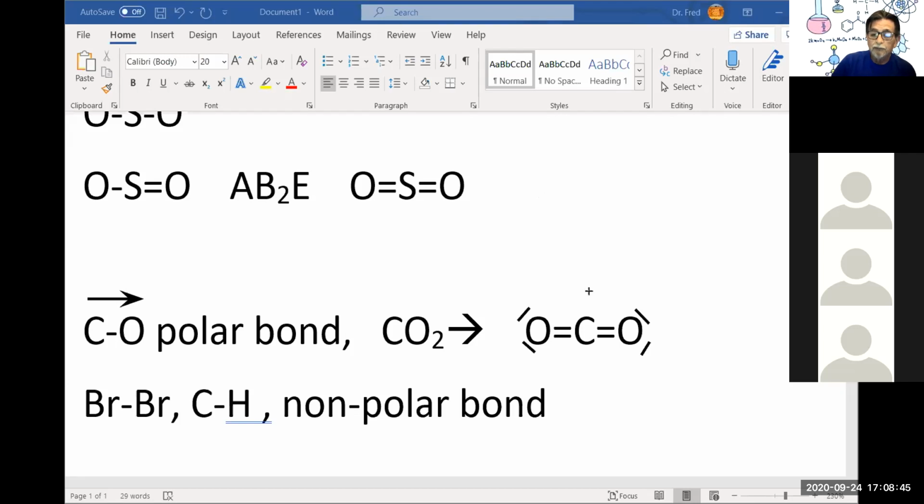Now, from carbon to oxygen, it's polar. So oxygen is pulling those electrons toward itself, which is consistent with what I just explained earlier over here on the far left with this guy. Okay. But there's 2 of them.